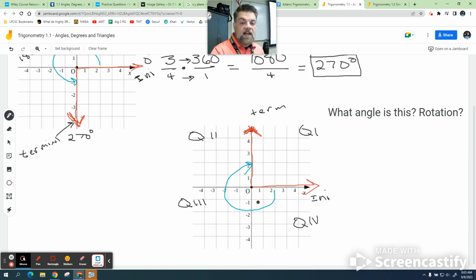So, is that a full rotation? No. What is the rotation? 3/4. But we're going clockwise. So it's a negative 3/4 rotation.